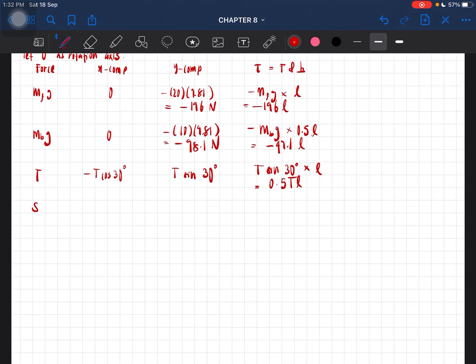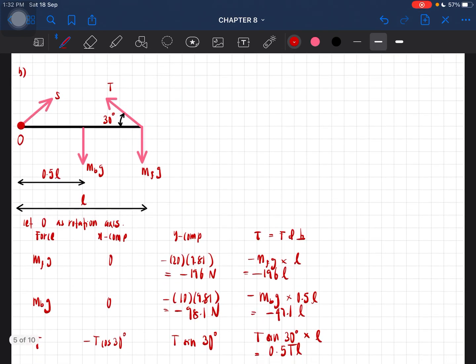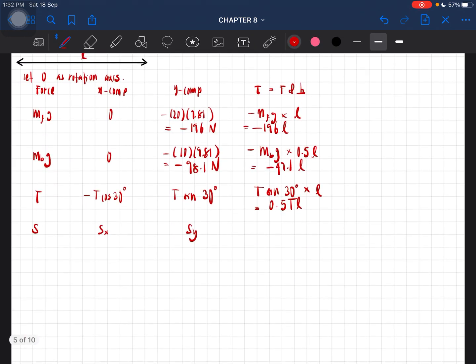Okay, lepas tu kita untuk point S lah. So S is just SX, SY sebab kita tiada lagi direction angle dia tu. So kita just akan put SX and SY. And then since the force is at the rotation point ataupun rotation axis, torque dia akan equal to 0 lah. Okay. Right.